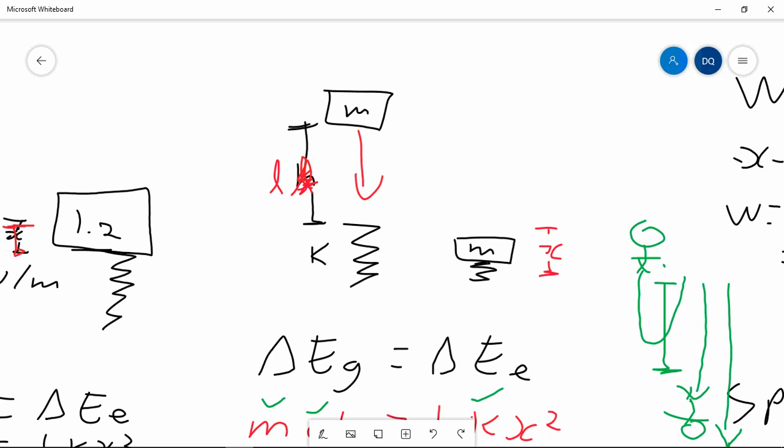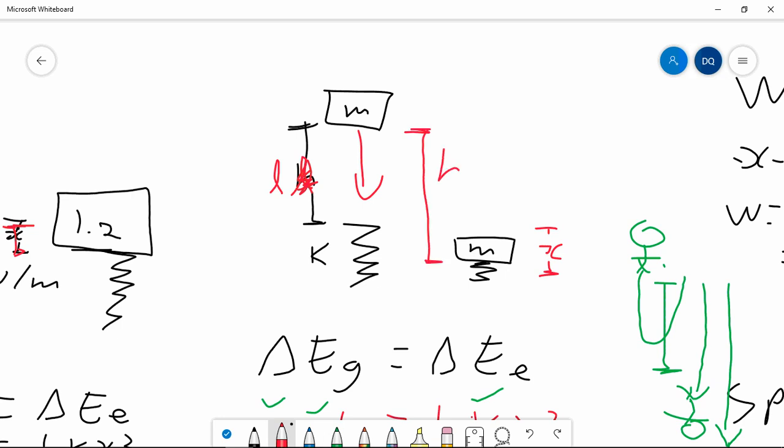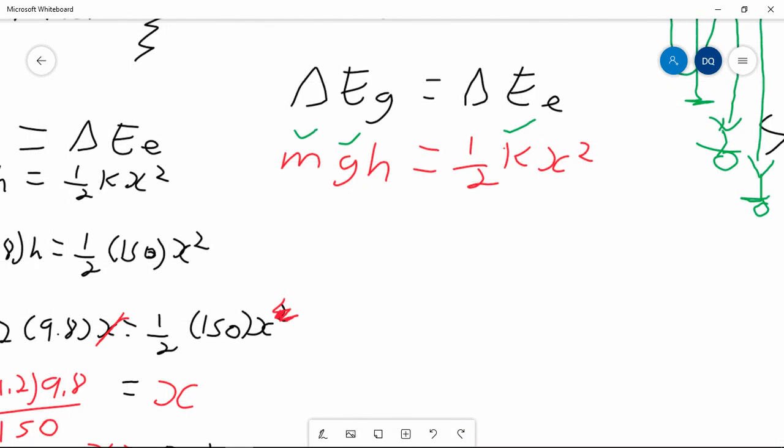What is the height that our block has dropped? The height the block has dropped, from here to here, is L, the distance that it was above the spring, that's our L value, plus the distance the spring has been compressed, the x value. So when you go to set this up, you're going to say h is equal to L, the length of the cord or the distance you are above the spring, plus x, the distance the spring has been compressed or the cord has been stretched.